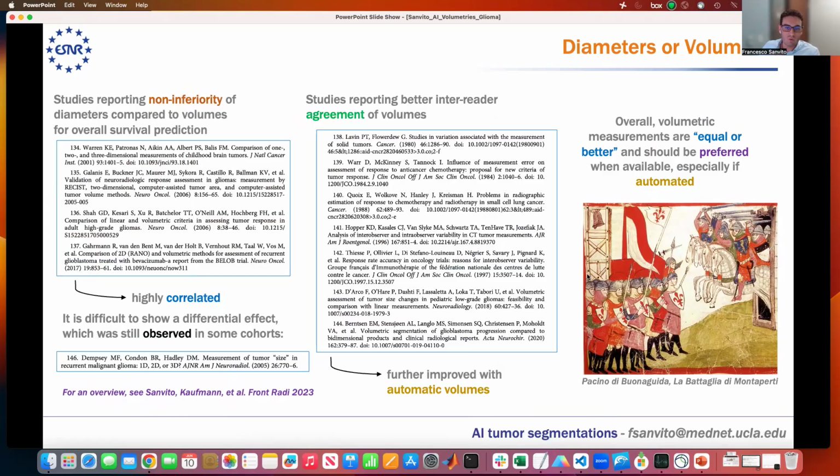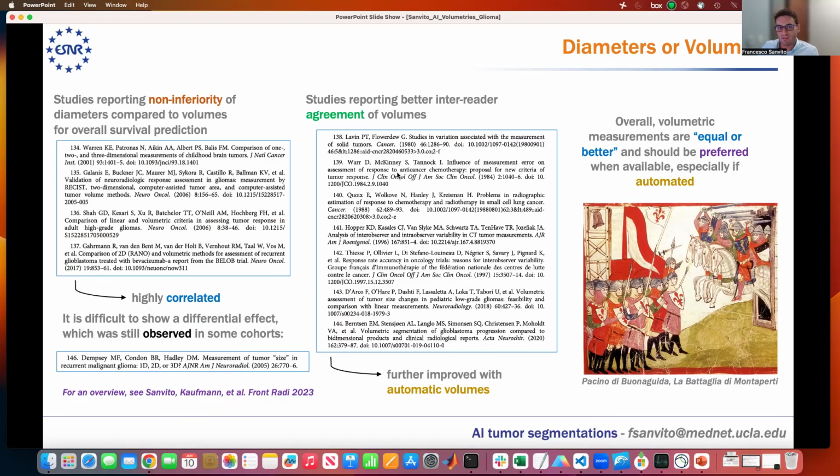The debate on whether diameters or volumes should be used to measure tumors has been going on for ages. Essentially, long story short, they are highly correlated, so it's difficult to see a differential advantage of one over the other, even though there is some evidence that volumes may be better.